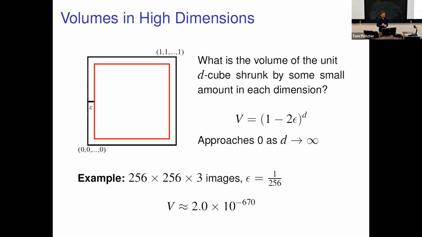Yeah. So a question: for this case, the dimension is 256 squared times 3, right? Yeah, the dimension here is 256 times 256 times 3. So if you take, and maybe someone can double check it on a calculator, epsilon 1 over 256, and you take this number as d and plug into that, you should get this very small number.